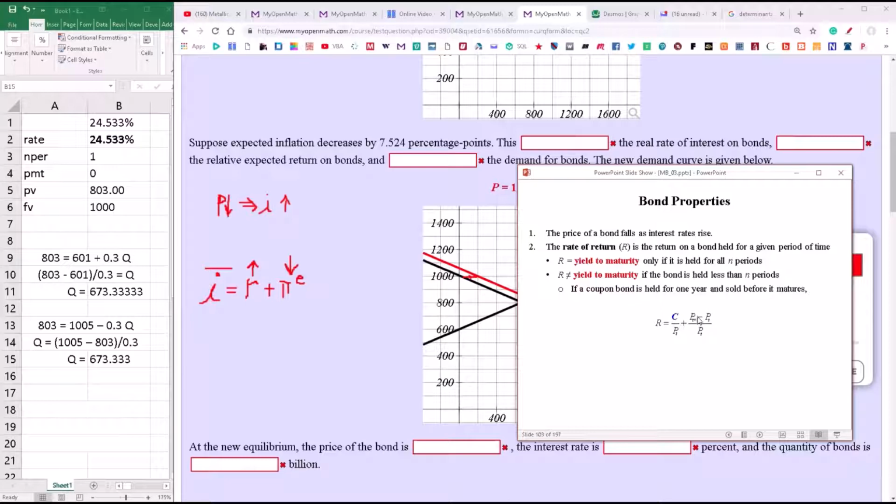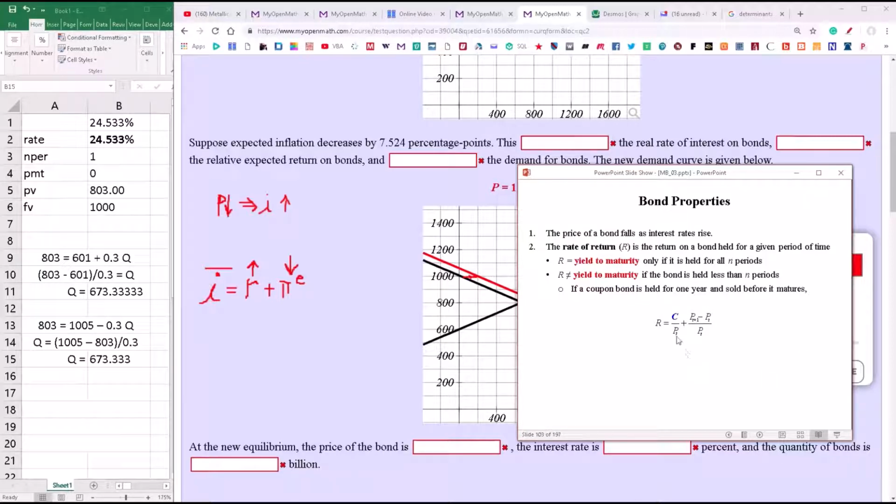So if we sell it before we redeem it with the Treasury or whoever issued it, then we're going to get a future price, right? This is today's price, the price we paid today. So these three things are fixed. The coupon payment, we're going to get that in the future, right?